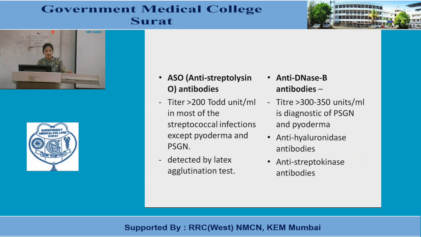It is found in all streptococcal infections except acute glomerulonephritis or pyodermal infection, because in those cases the anti-DNase B antibody is raised and it may be more than 300 to 350 units per ml. So both tests help in differentiating pharyngeal infection from pyodermal infection, and both tests are detected by the latex agglutination test.